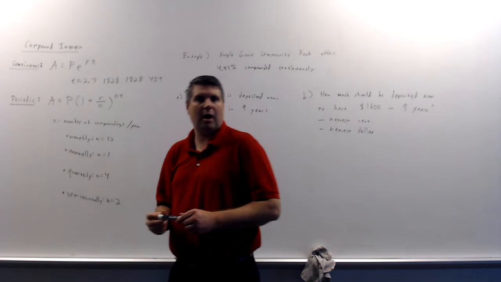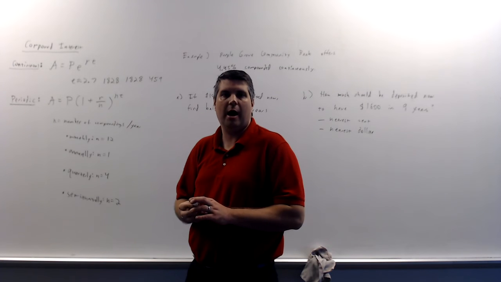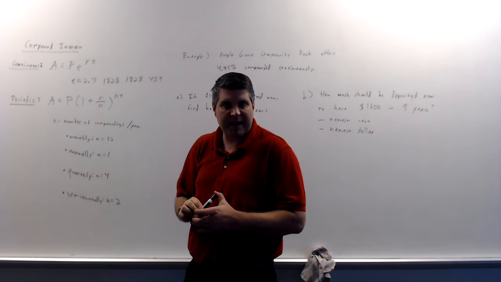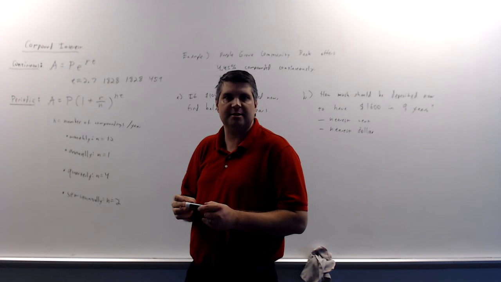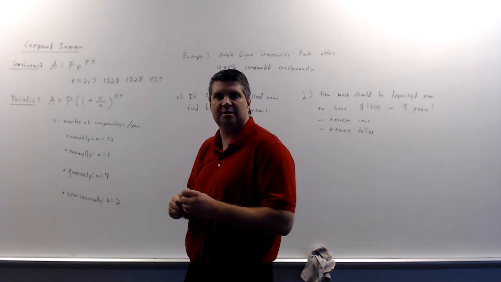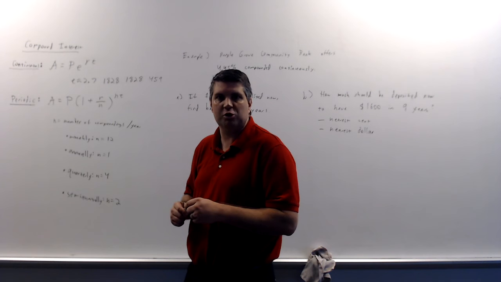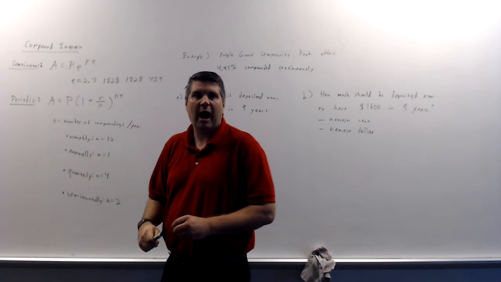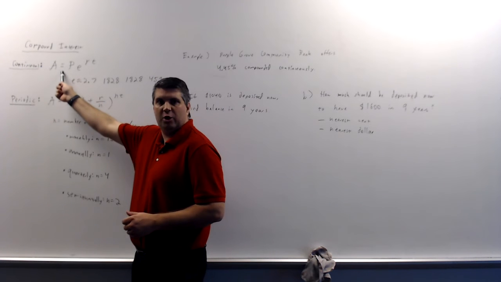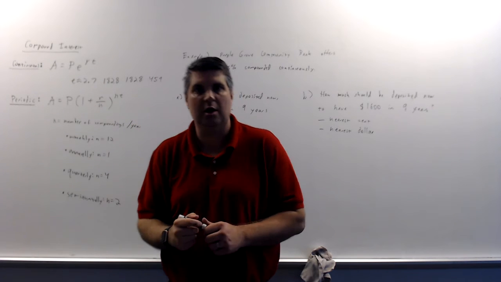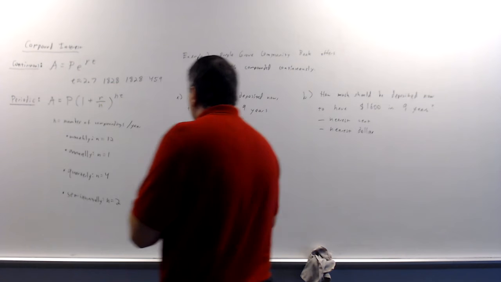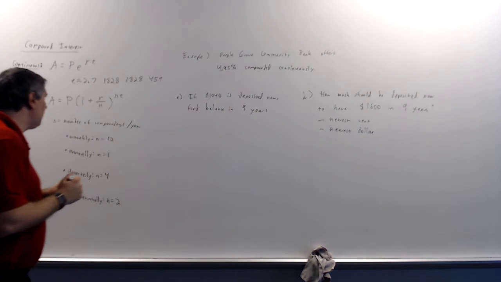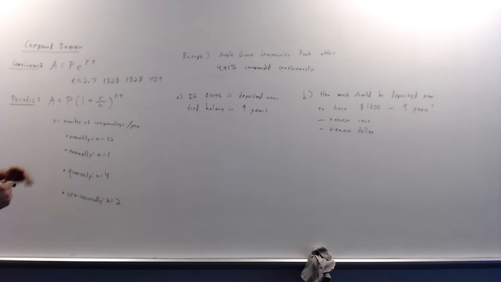College algebra classes, business math classes, advanced business math classes, and applied calculus classes, usually business calculus, often include both. I think it's easier to start with continuous, so that's what I'm going to do first, but I will at least give people an idea of what this looks like for later.